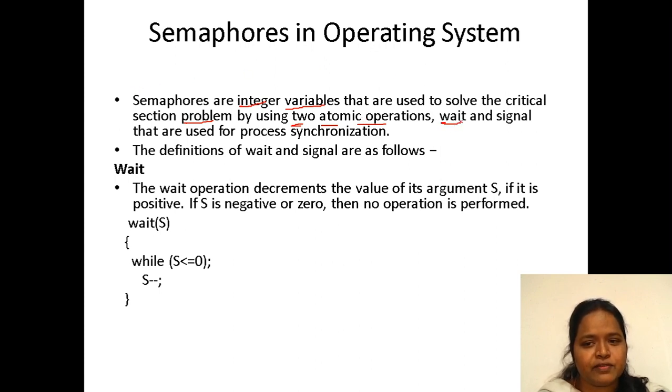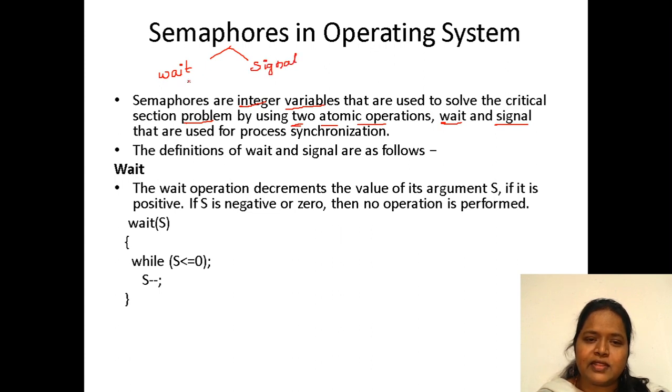The first one is the wait operation and the second one is the signal operation. These are the two atomic operations that we use in the semaphore.